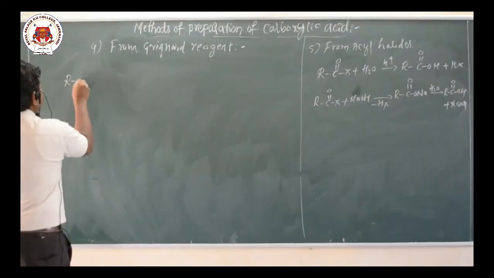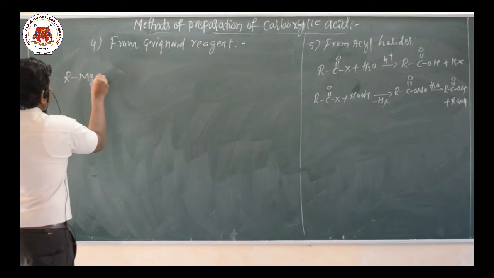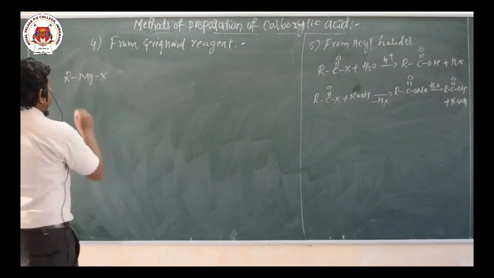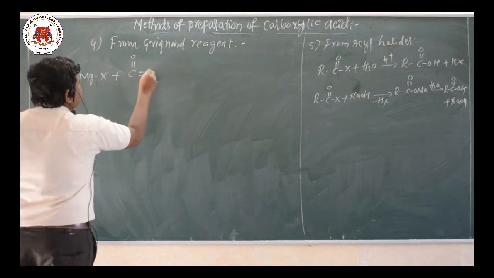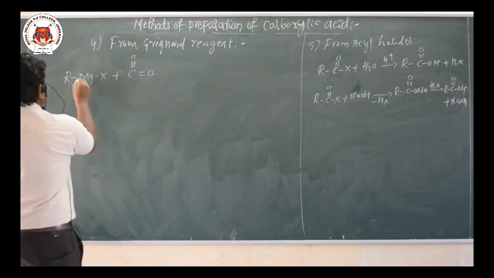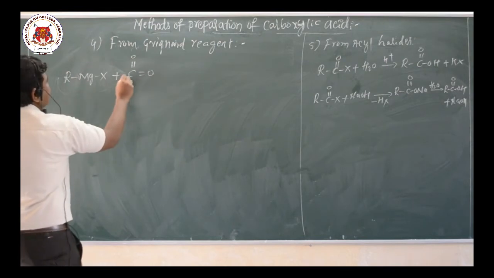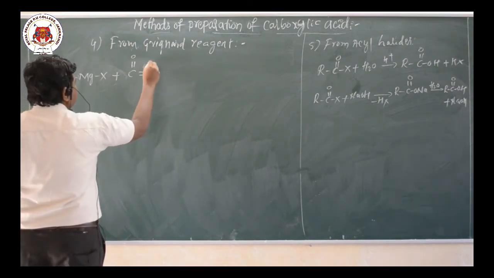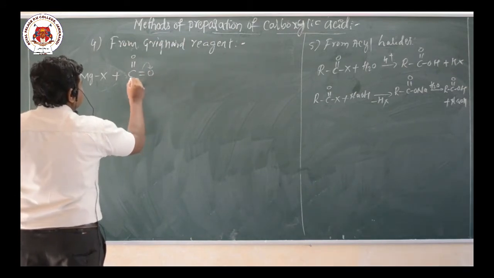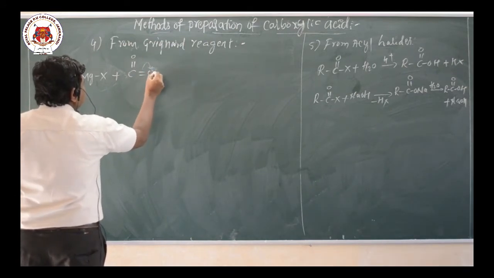Grignard reagent, we already know the general formula RMgX, alkyl magnesium halide, reacts with carbon dioxide. Now the R minus part adds to this carbon atom, and one of the oxygens takes a negative charge, so it becomes O minus.